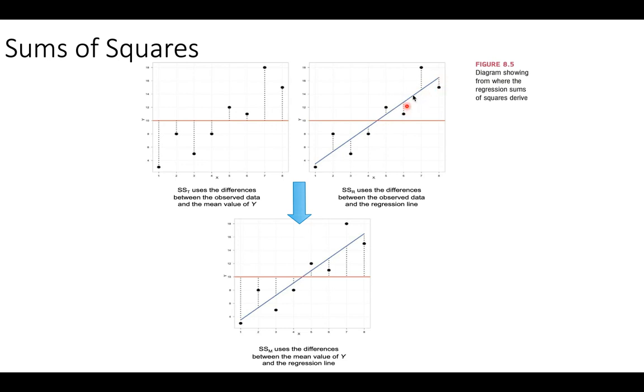There's error. The data points are not perfectly on the line, and so we can conceptualize the error, the variability in our predictor, as the distance from the data points. This will be minimized by the line, but it can't be infinitely minimized, right? Some lines will produce more error than others, depending on what the data look like.